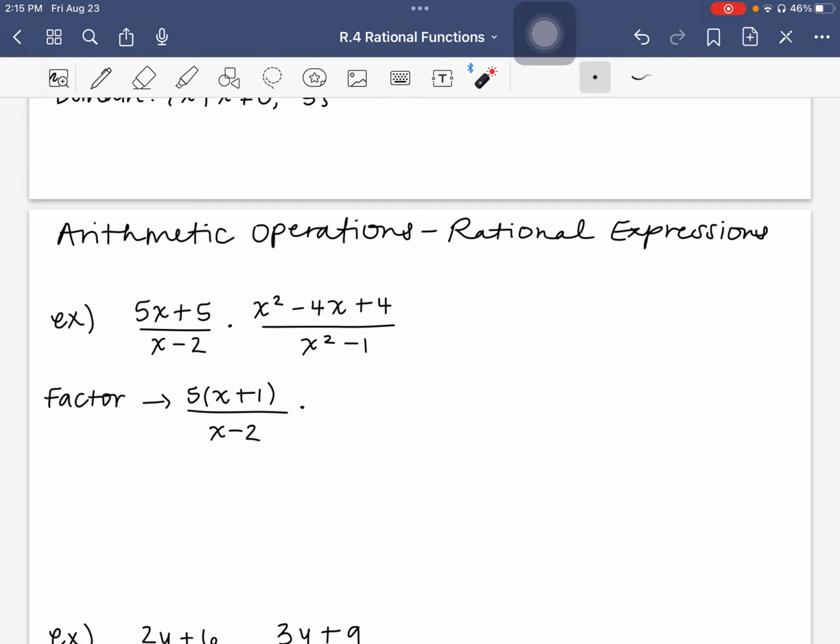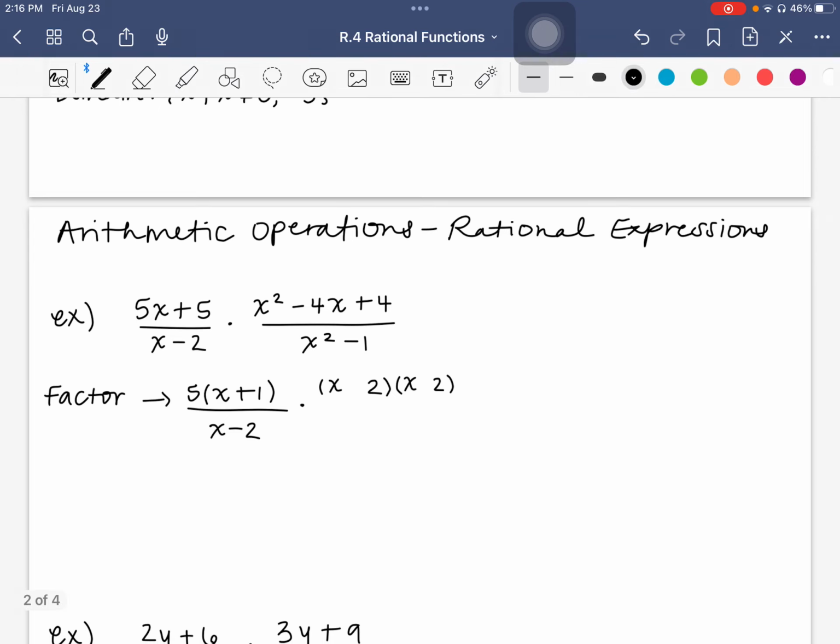Now looking at this expression here, we want to factor the numerator. So we have x squared, so we're going to have this here. And then we want two numbers that when we multiply them, they are equal to positive 4, and then when we add them together, they equal negative 4. So that's clearly going to be negative 2 and negative 2. And then we know that if we multiply two negative numbers, we get a positive number.